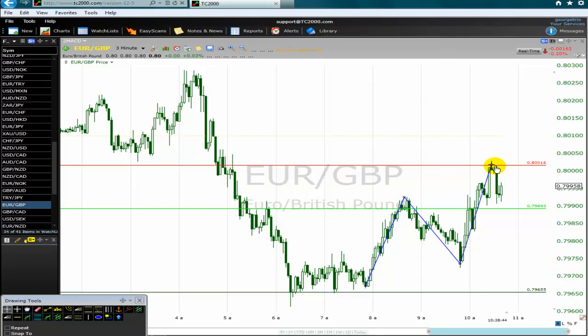Okay, so we will say, all right, if the bullish momentum has stalled, all right, on this time frame, we will see something like this: a high before the last high.